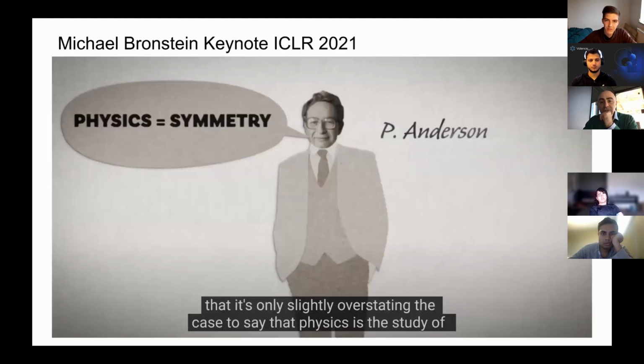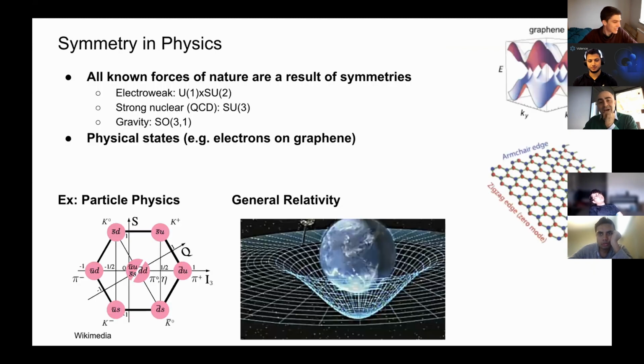But in physics, there is a little bit more to symmetry. This is actually a slide from Michael Bronstein's keynote where he was saying basically physics and symmetry are the same, quoting Paul Anderson. Basically in physics, a particular way of talking about symmetries is called gauge symmetries. There are some papers on gauge symmetries in machine learning too, but I think they're still fairly far away from what gauge theory is in physics.